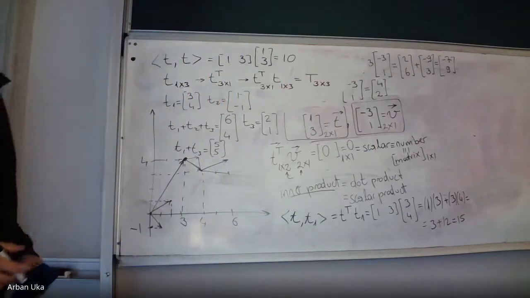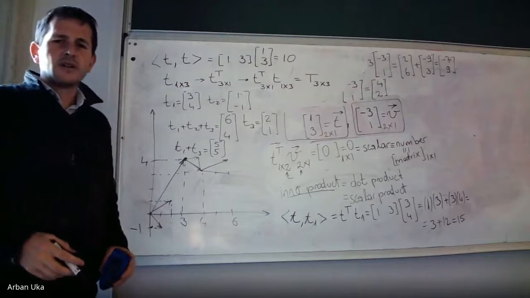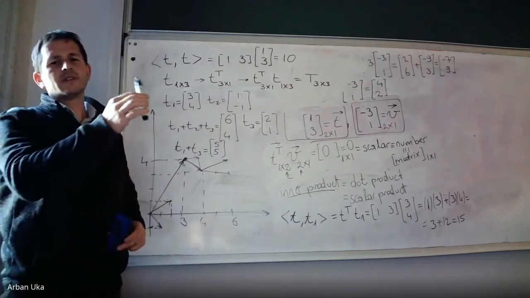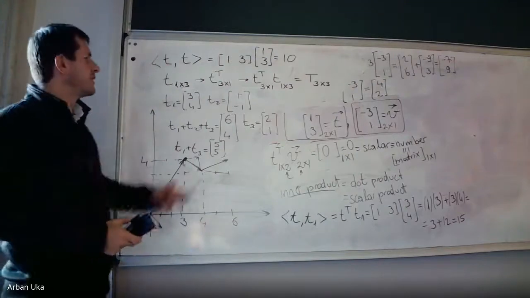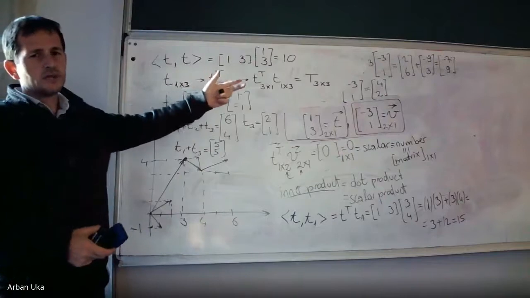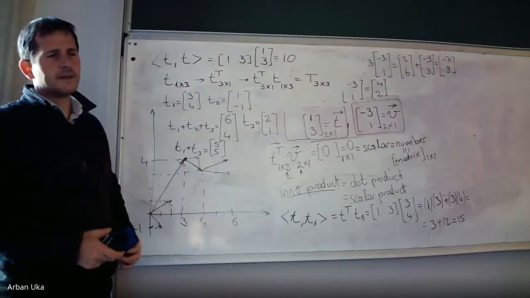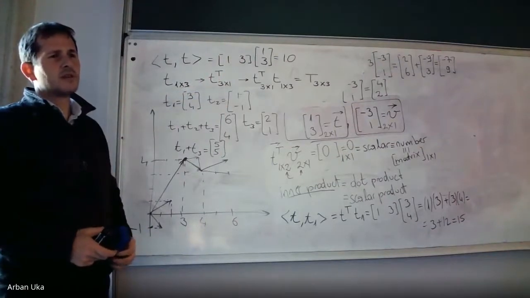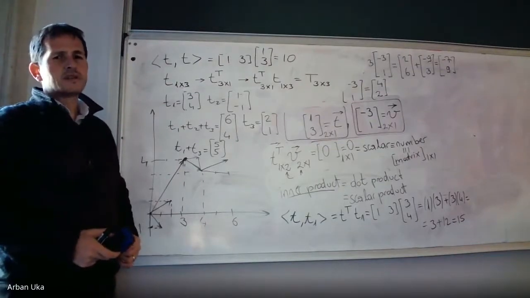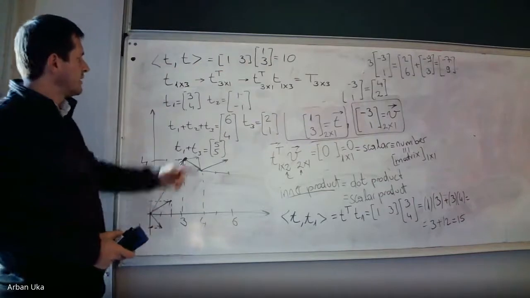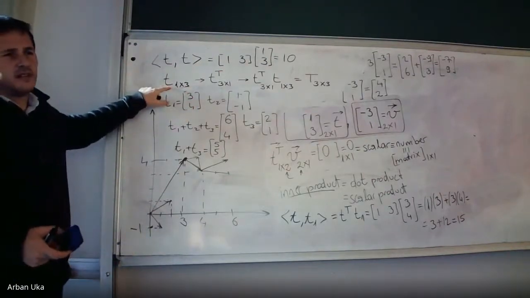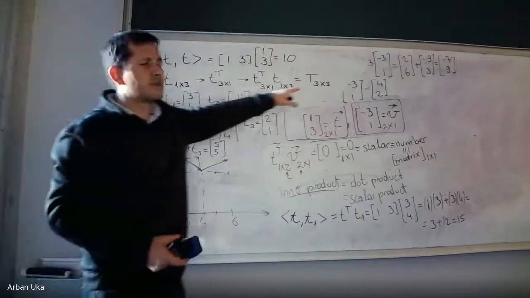So let me say something. Don't memorize strictly that a vector is something that is standing up. If the vector is given as a row and you are told to find this quantity, you can always figure out what comes out of it. But you should know this: the inner product result is always a scalar quantity, which means that if T is defined like this, you cannot find the inner product because the result will be a 3 by 3 matrix, right?